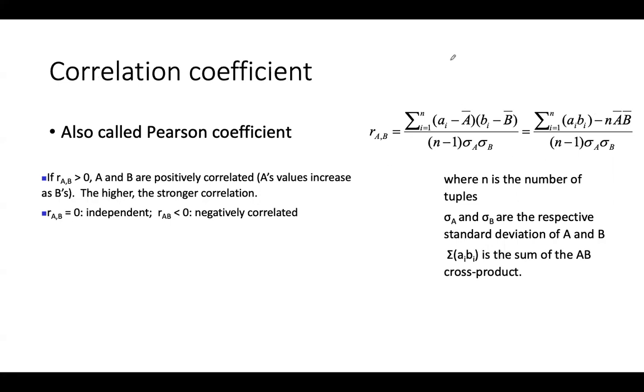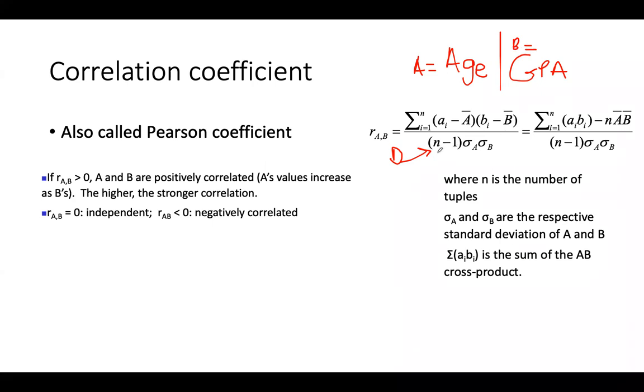Let's say we are looking at two variables: age and GPA. In some books, you'll find that they call it CGPA. So let's look at the denominator here. The standard deviation sigma of A, let's say A equals age, and the standard deviation sigma of B, let's say B equals GPA.